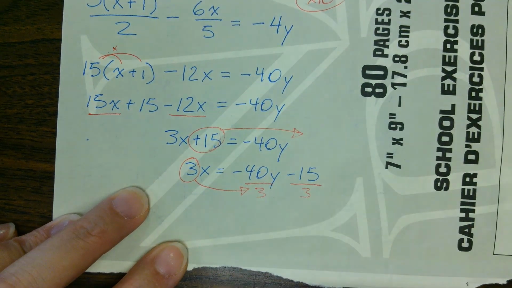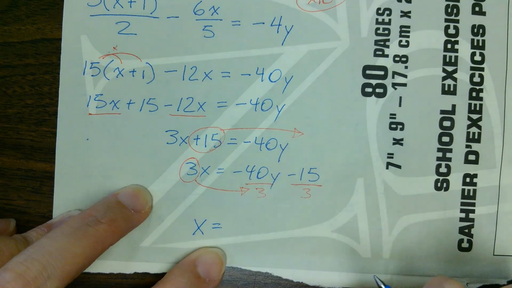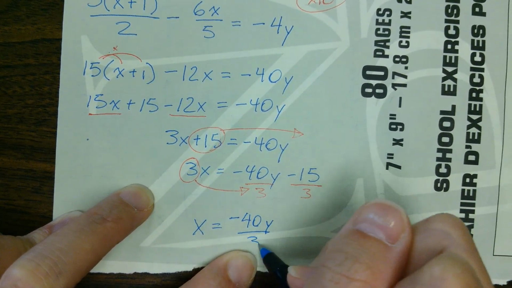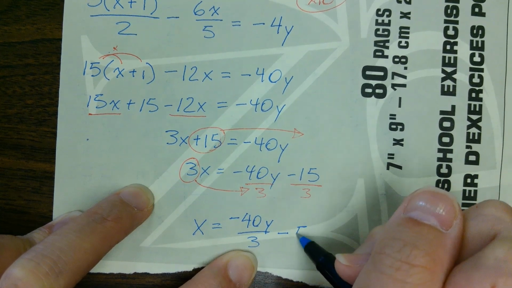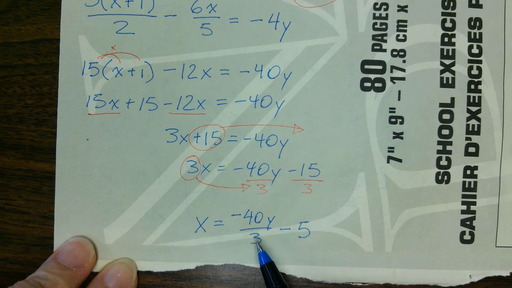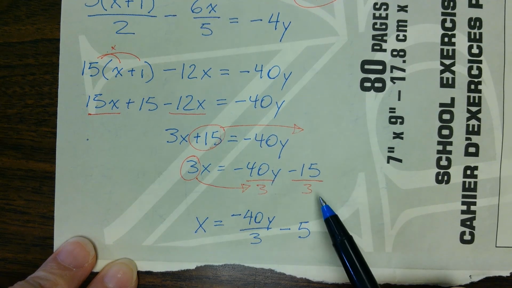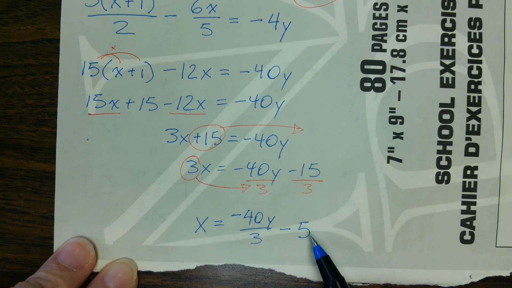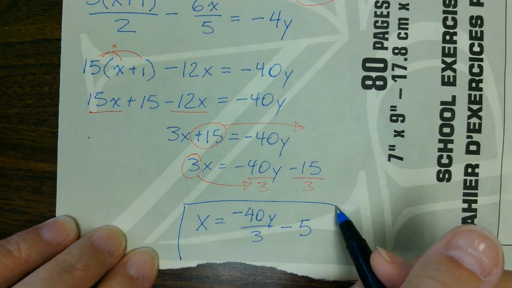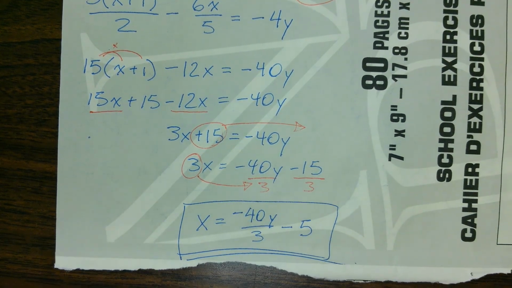Okay, so my final answer, x equals. Perfect. Good job. So this doesn't divide, so I leave it. It's not divisible. And negative 15 over 3 is divisible, so I just reduce it down to 5. And there's your answer. Woohoo!